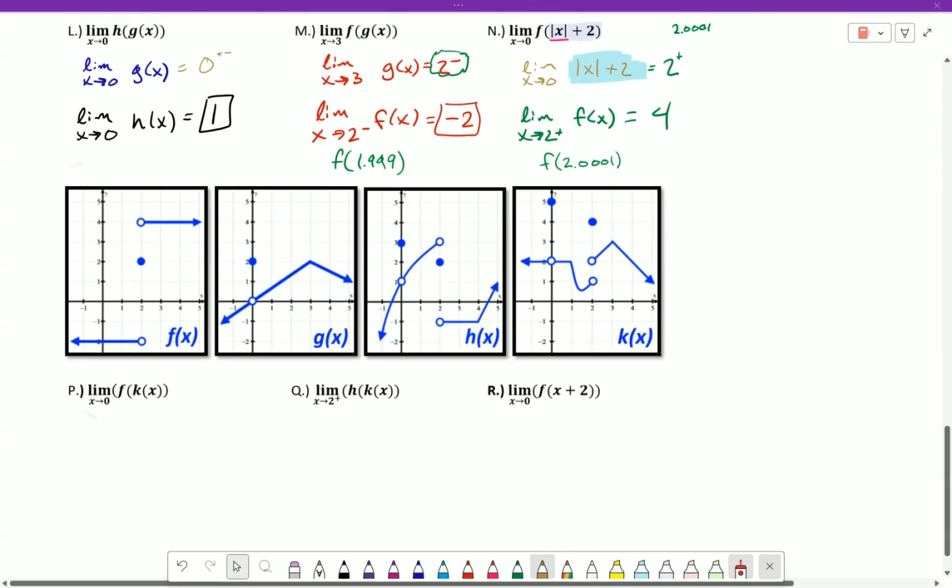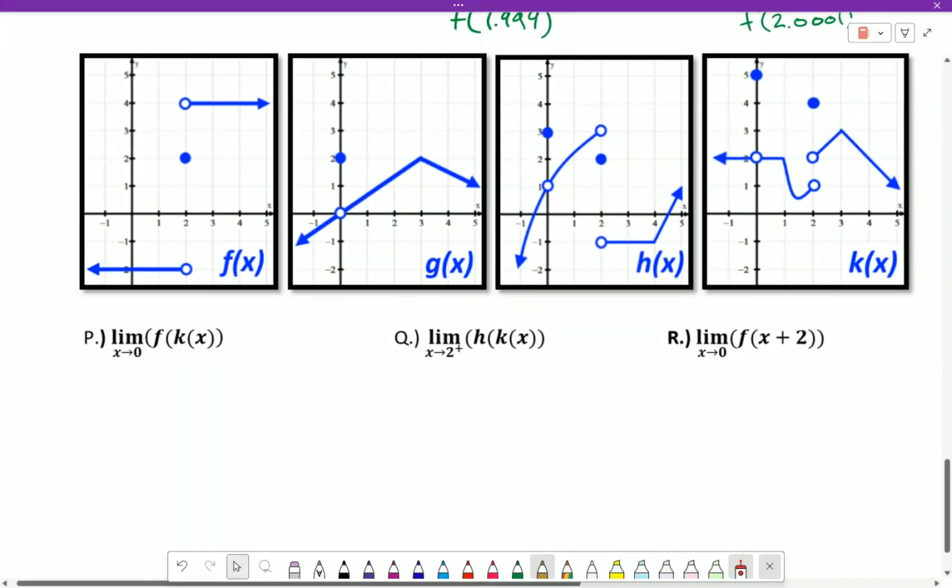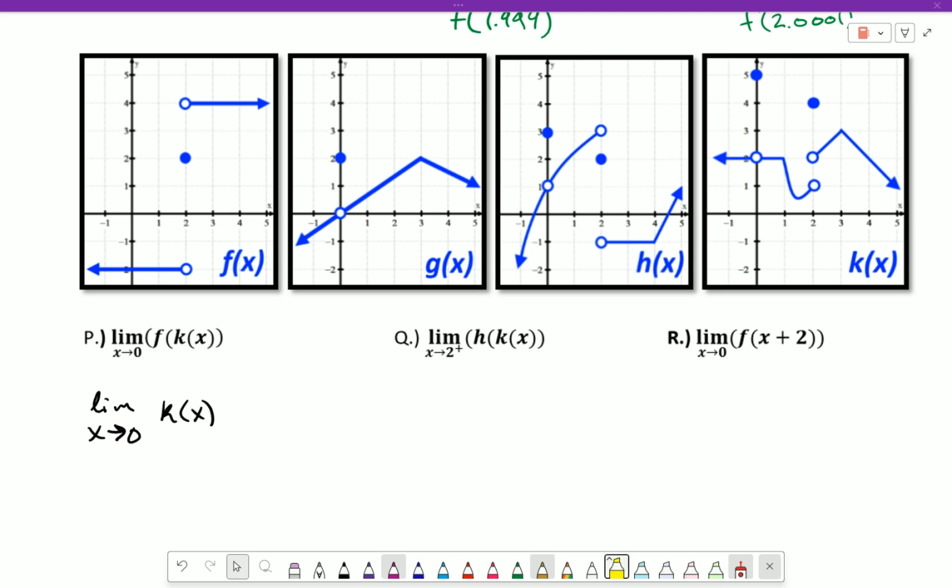Letter P. Get me an answer. Go. We're finding the limit as x approaches 0 of f of k of x. So we start with that inside function, k of x. We go to k. We are looking at both sides of 0. As I approach from both sides of 0, what number does it look like I'm getting? 2.